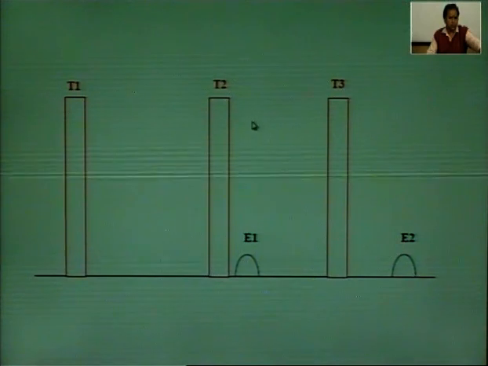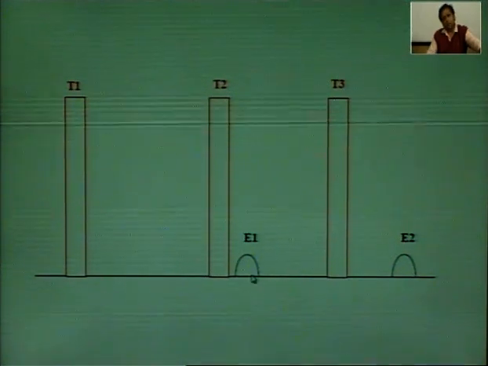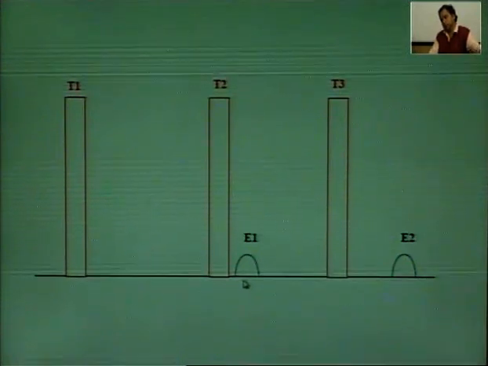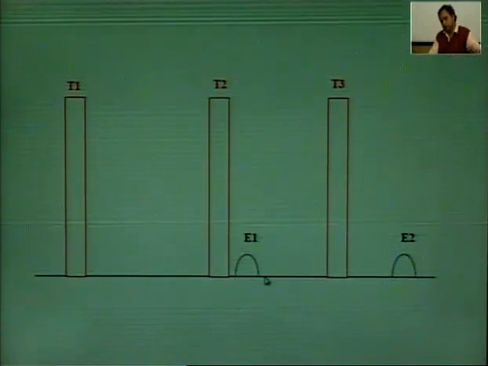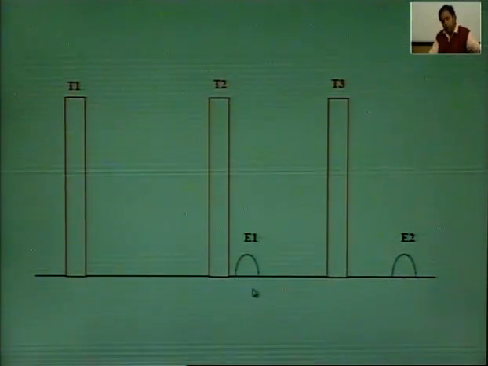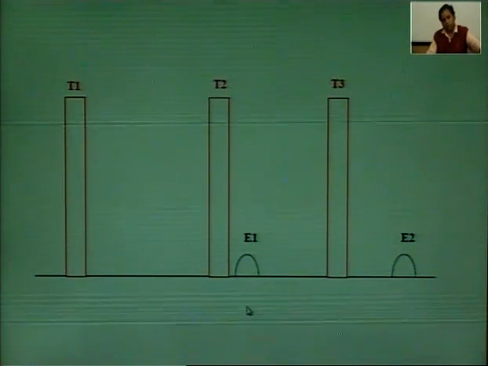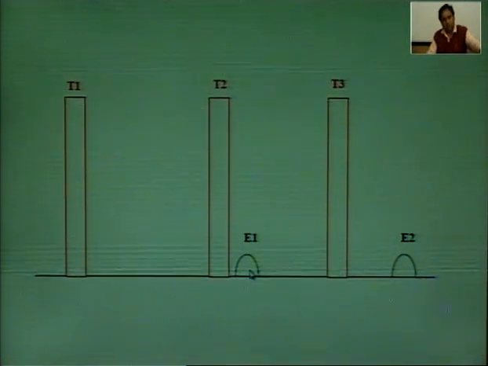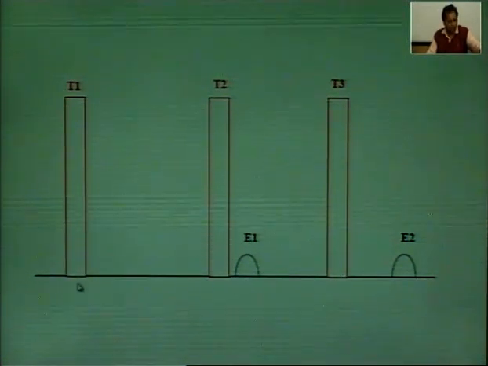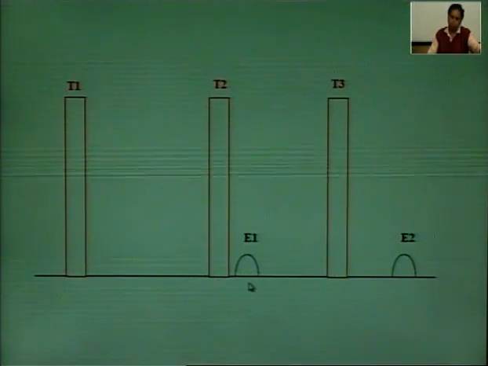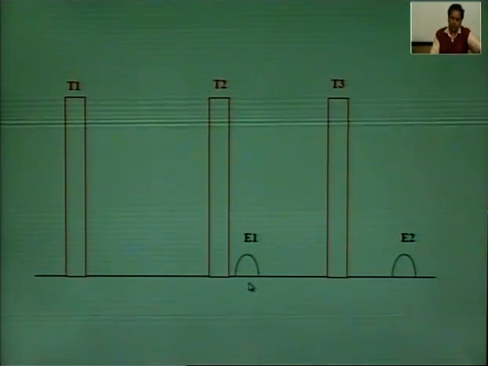Suppose the width of this pulse were more, then we would be in a position to tell, because the width of the echo signal would also be different. So we could tell whether this echo signal is from pulse number 1 or pulse number 2. In this way we can overcome this ambiguity.